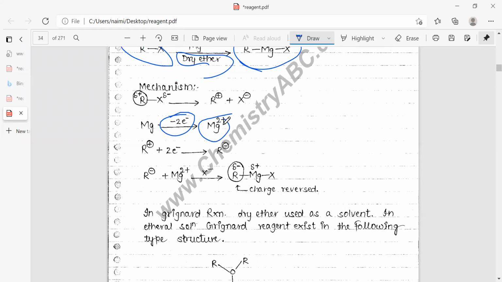After that, R plus captures the two electrons and is converted to R minus, and this R minus attaches to the Mg2 plus forming RMgX. So here the charge will be reversed.